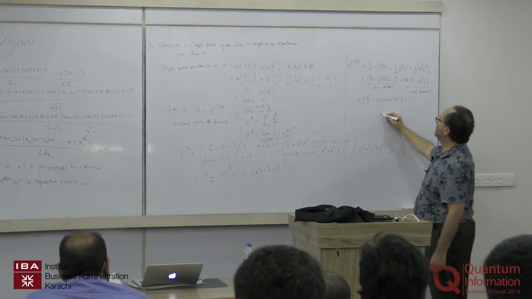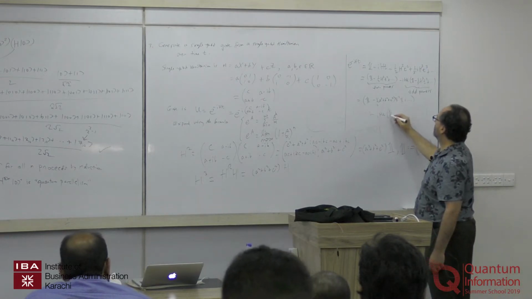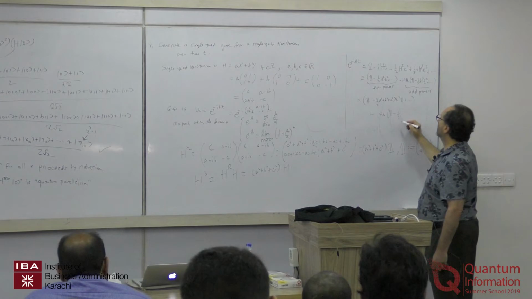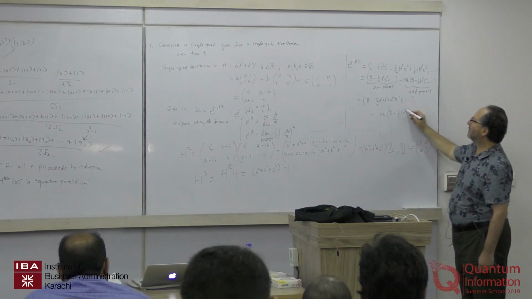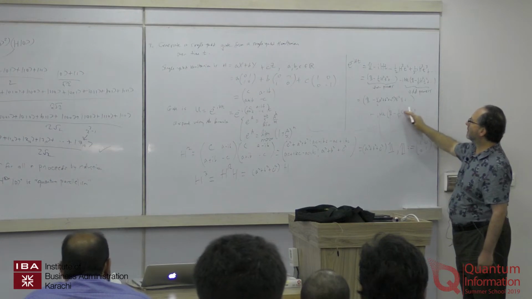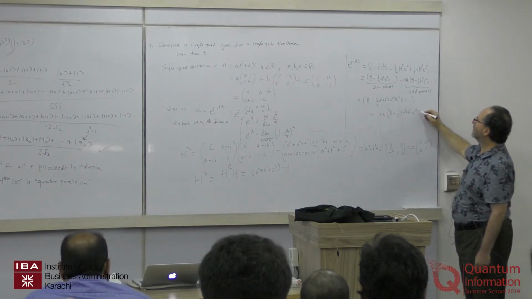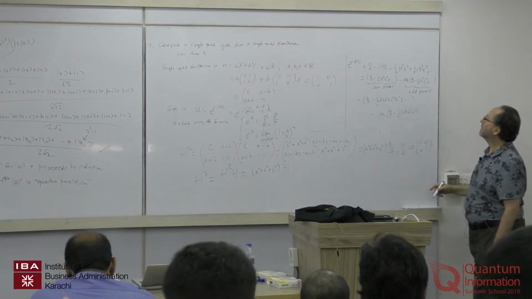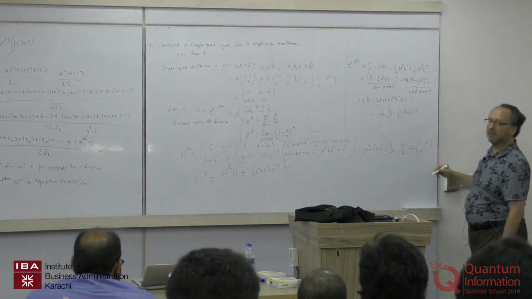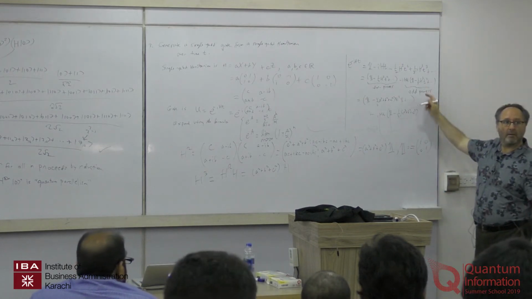Minus iht, identity, minus, and then here h cubed, h squared.